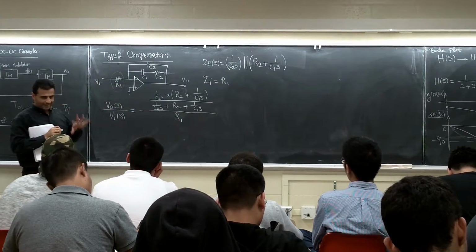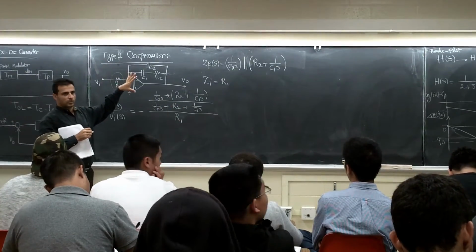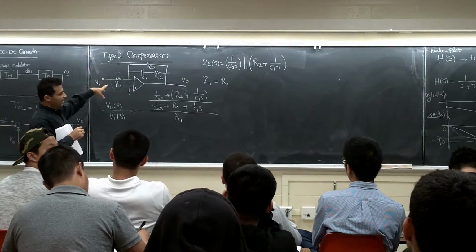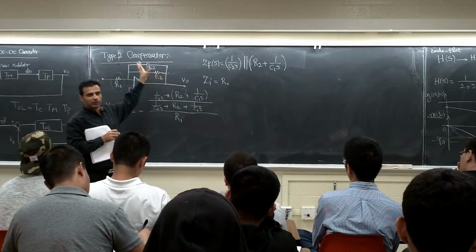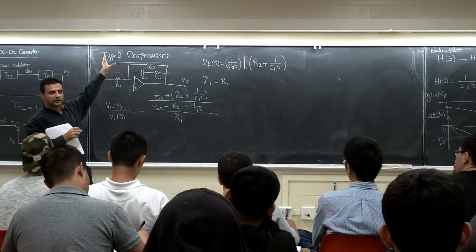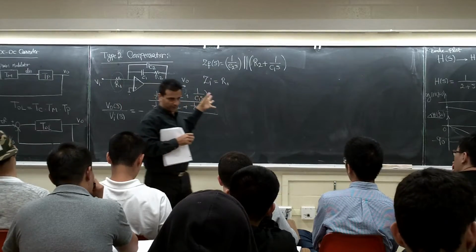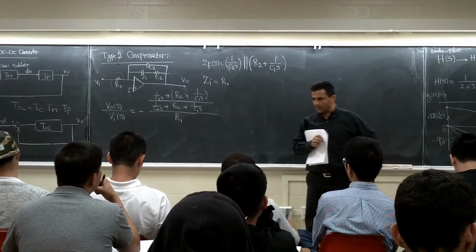So you will calculate this transfer function. Later on, in the next class, I want to select R1, R2, C1, C2 such that they satisfy the conditions I put here: high gain, phase margin, all those kinds of things. We're going to leave it for that class. But right now, let's first of all find this transfer function.